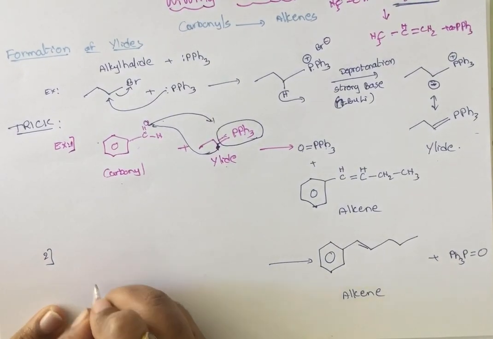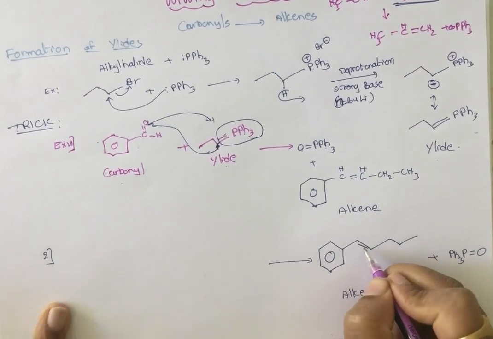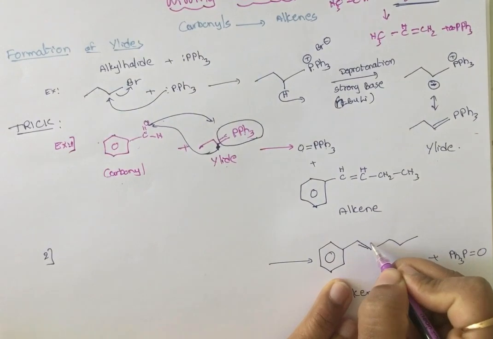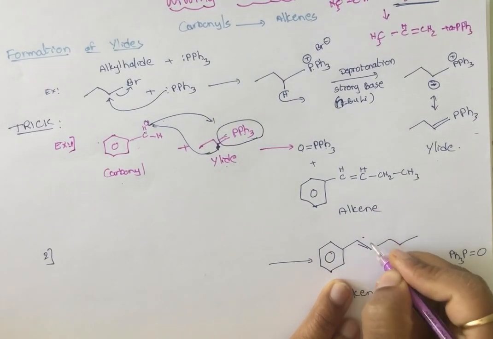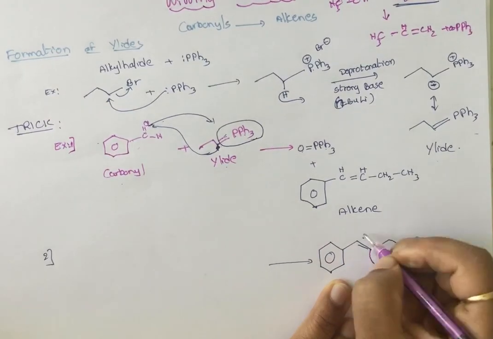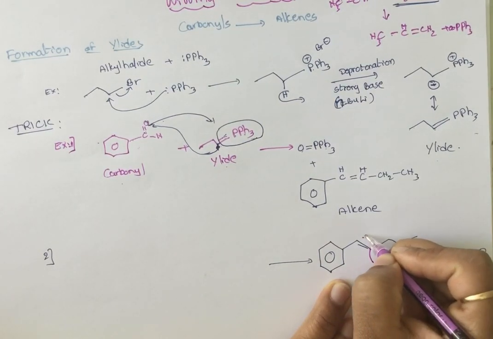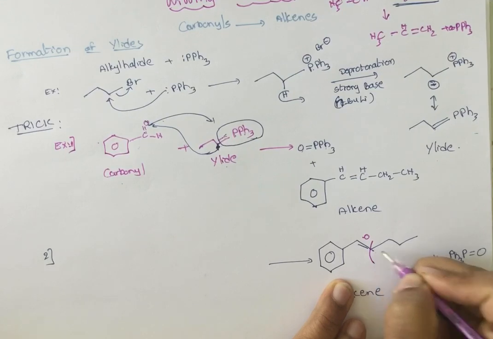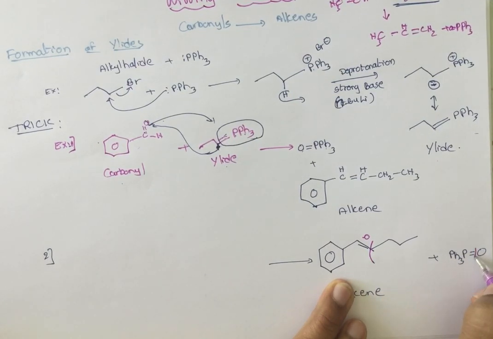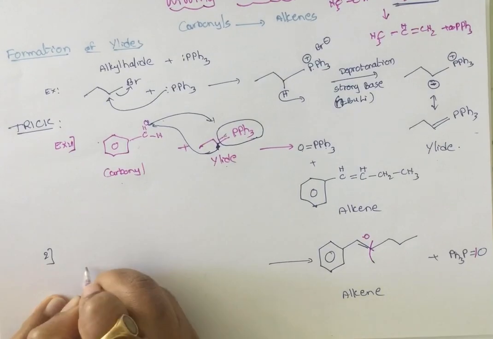Just take the double bond. From the double bond you start. This double bond should be attached to an oxygen on one side, and the other side should be attached to this group.